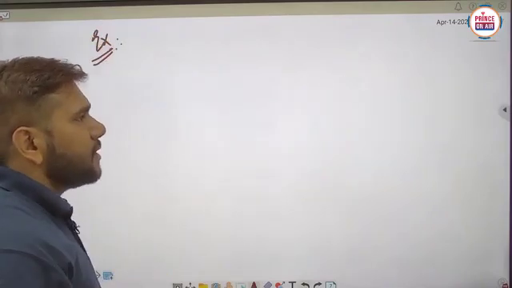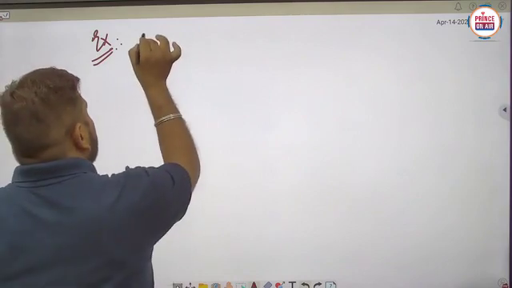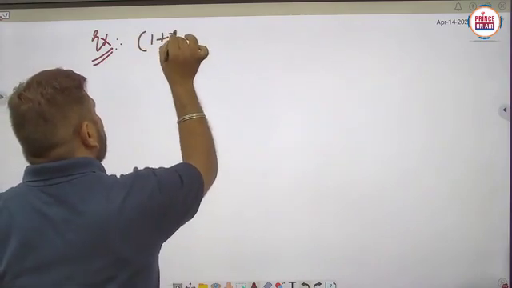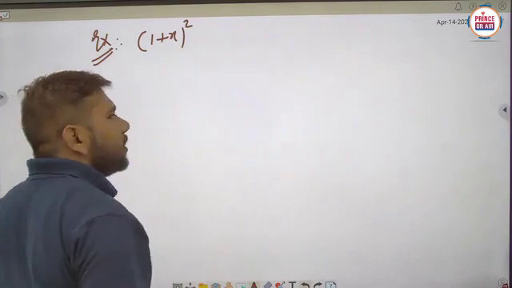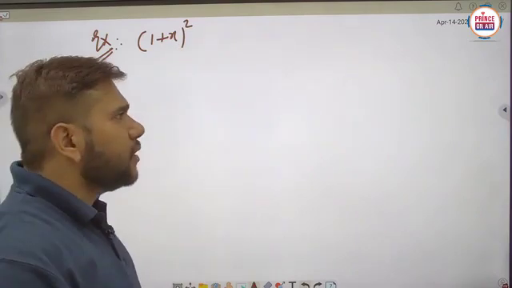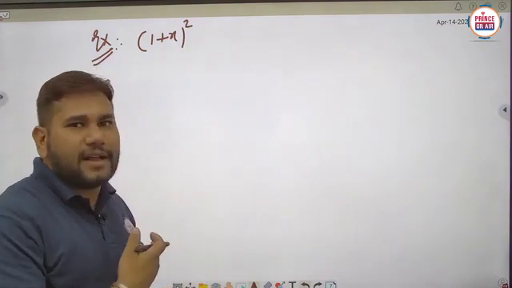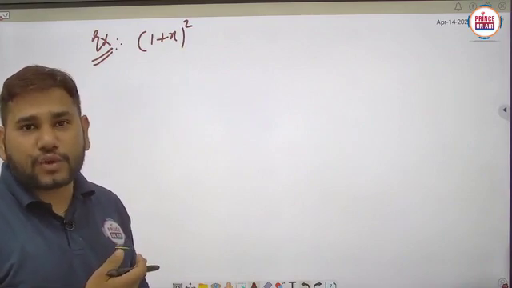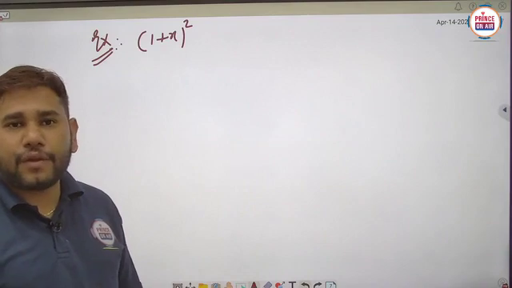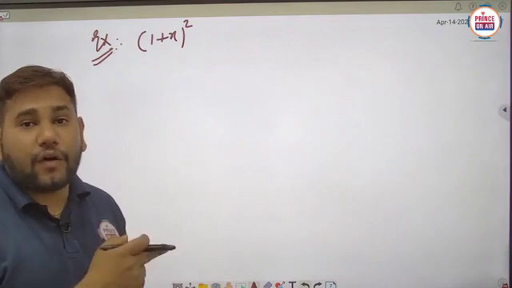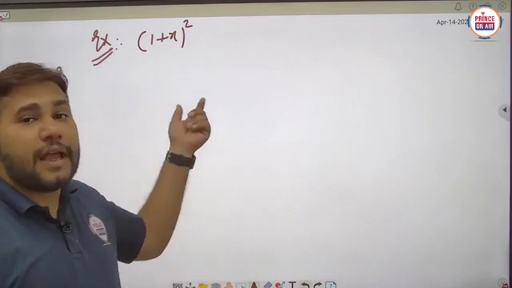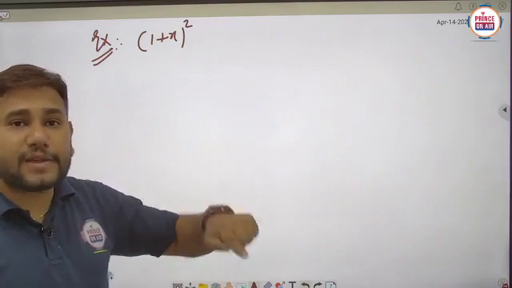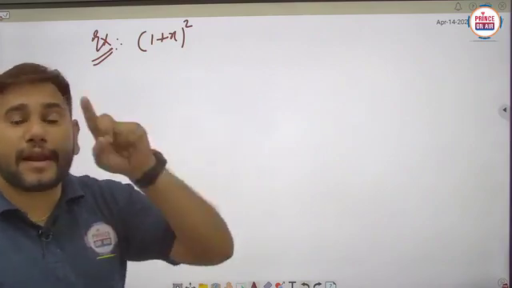Suppose that I have to find out the value of 1 plus x whole square. And you are thinking that I can solve this one by using a plus b whole square. Yes, sure. You can find out the value of this one by using a plus b whole square as well as 1 plus x the power n.